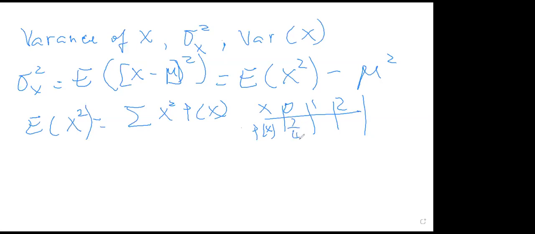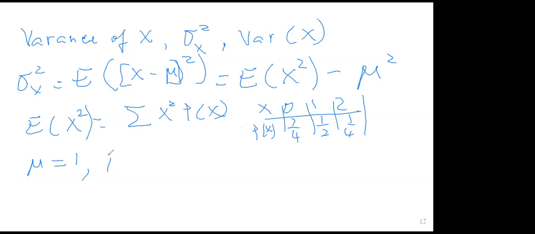This is the random variable that we did for tossing a coin and counting the number of heads. We want to find the variance of this distribution. Remember that the mean we computed was 1.